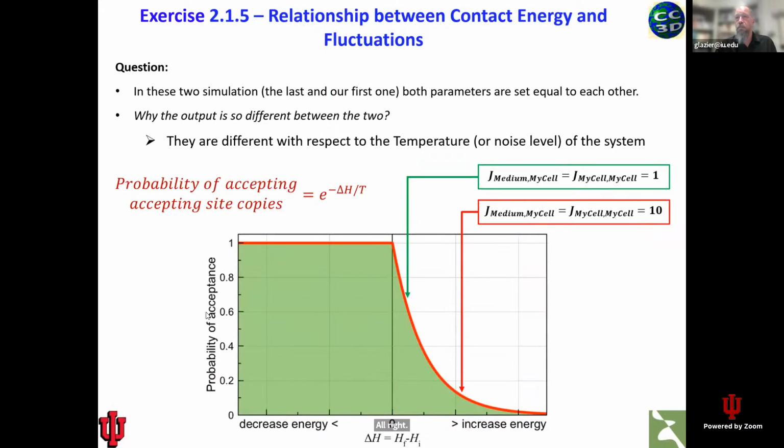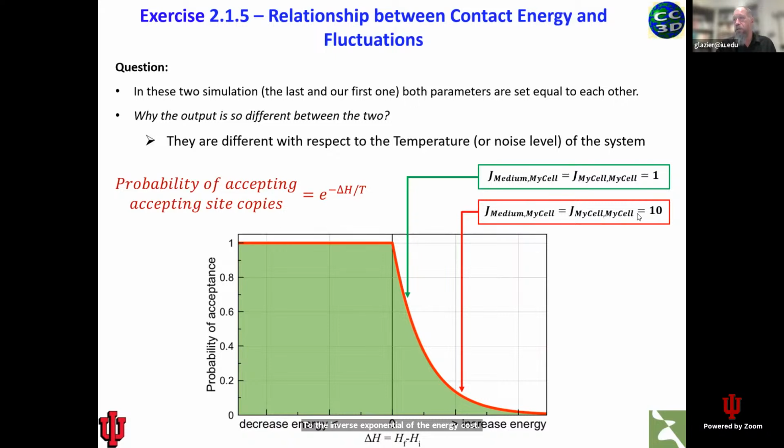Again, the key issue here is a little bit of a mathy explanation, and I don't want to go into too much detail about why the boundaries become rougher when you have a smaller contact energy. Essentially, the probability of moving the boundary is proportional to the inverse exponential of the energy cost divided by the fluctuation amplitude.